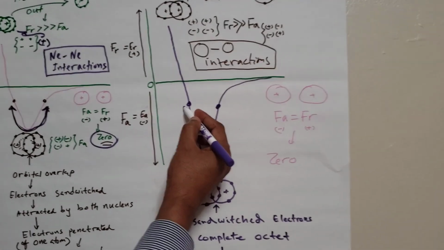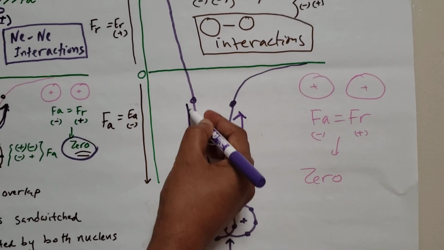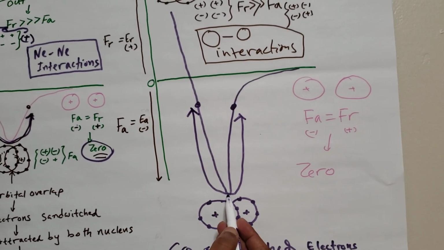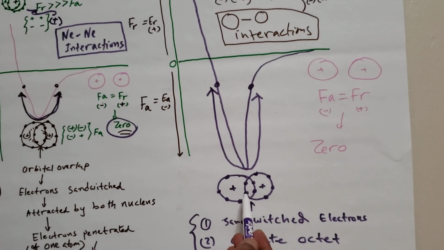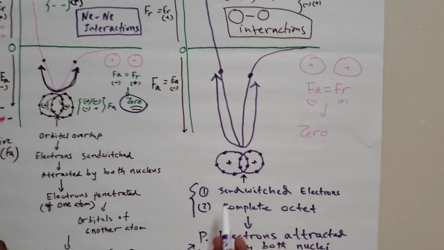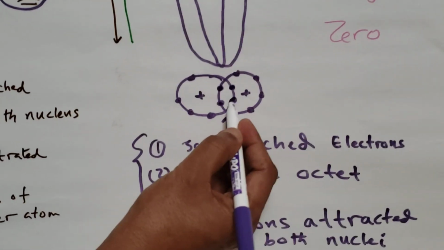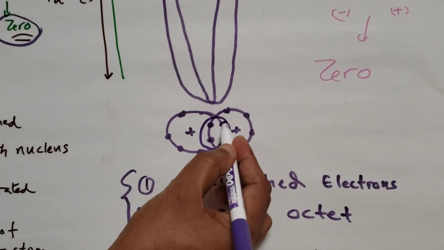When you put the atoms in one of these positions, they oscillate, they come back and forth. So this means this is the most stable position, where you have significant overlapping between the orbitals. Because of this overlapping, you see these electrons and these electrons are between the two nuclei.